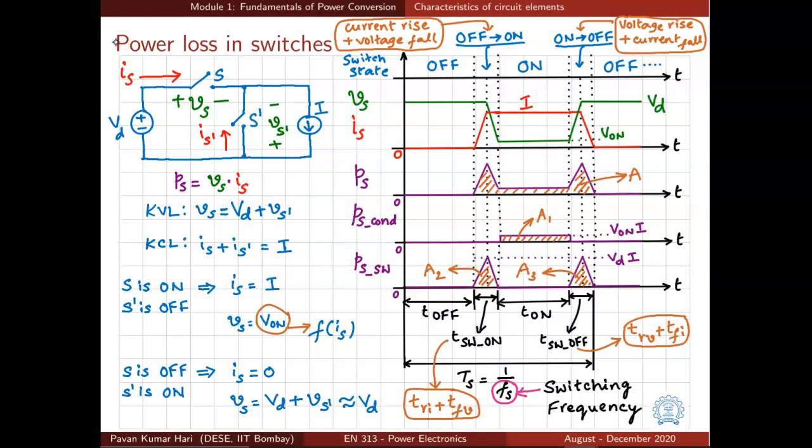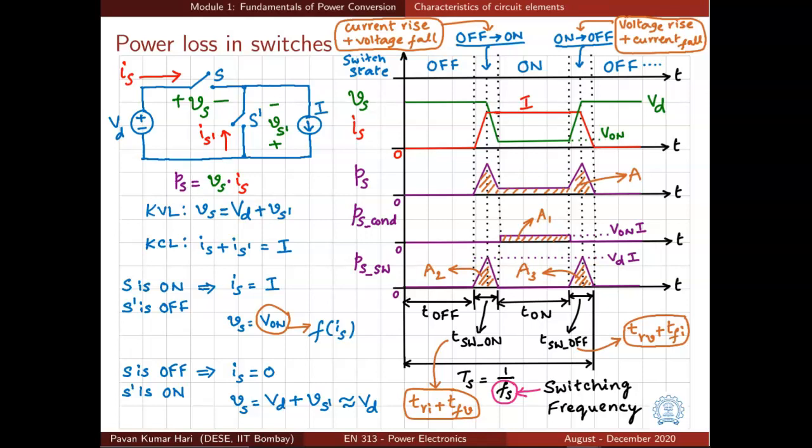In this example, the current rise and voltage fall intervals occur separately. In fact, the voltage fall interval follows the current rise interval. Similarly, in the on to off transition, voltage rise happens first and then the current fall. The switching transition times TSW on and TSW off now have two components in each.